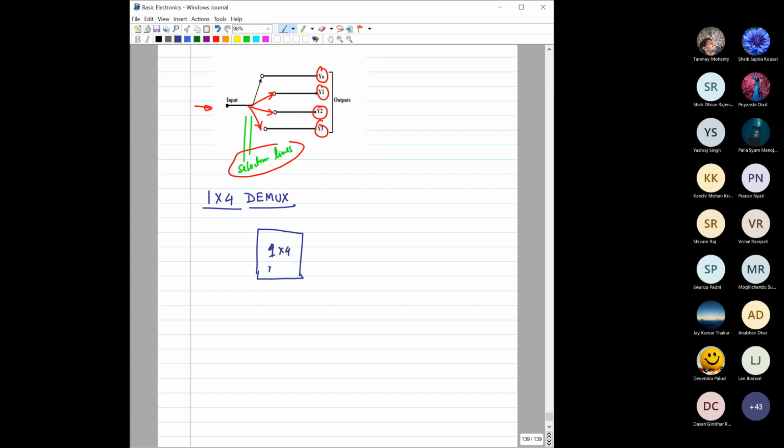For a 1 cross 4 DMUX, how many selection lines will there be? Two, because we have one input given here: the input is 1, the output is 4, and the selection lines are 2.